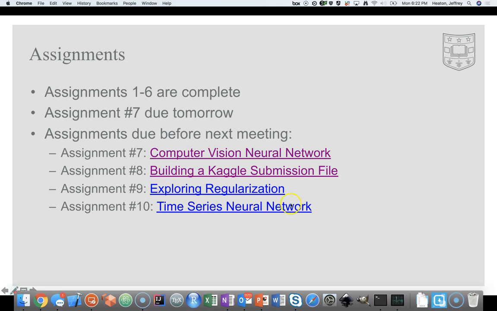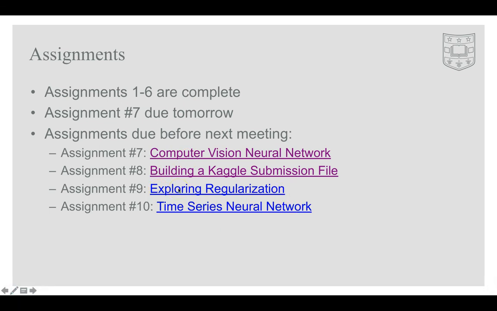Exploring regularization. Module 9 gets into regularization. Regularization is basically a way to combat overfitting. You want to cause your neural network to not memorize things, so you learn about various ways that you can control regularization. And what you do with that, or control the overfitting, there's several ways that you do that.